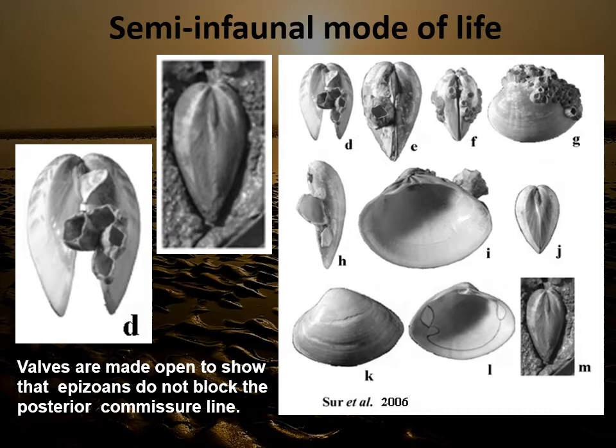So all the characters are more or less similar to shallow burrowing bivalves. The only thing by which you can identify them is the presence of epizoans. These are parasites which live on the shells or on the surface of other organisms, like these barnacles. These are one kind of epizoan.